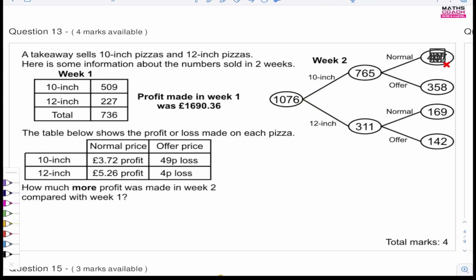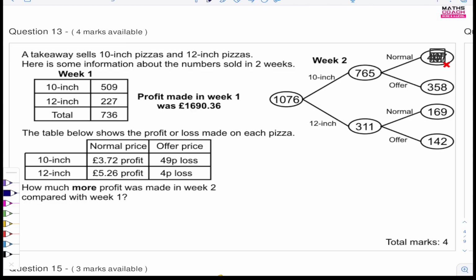And then we have this branch here which says normal and offer, and normal and offer here as well. So this refers to the normal price on this table here and the offer price here. Okay, and we're told that when you sell at a normal price, you make this much profit, and when you make an offer price, you make this much loss, and that's for 10-inch and the 12 inches. Okay, so let's go ahead and calculate everything.